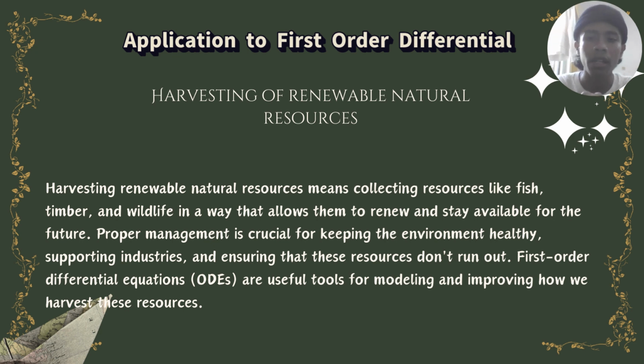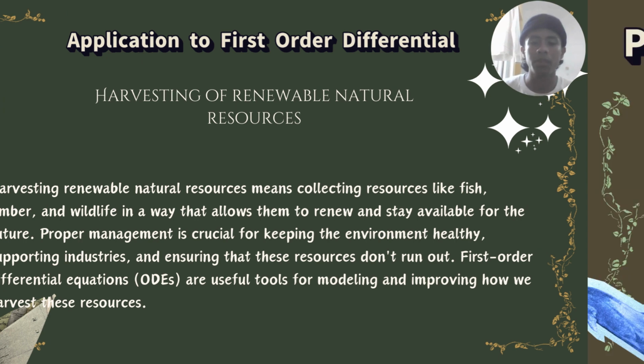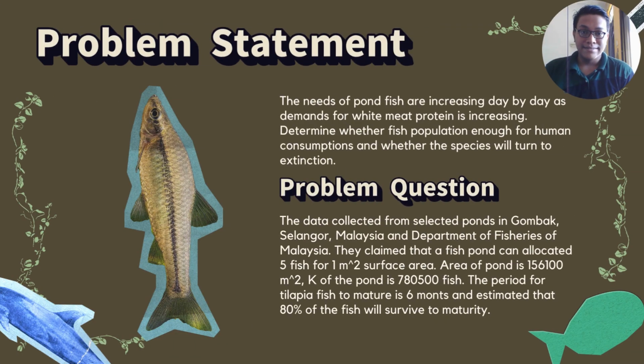Then we move on to the next part, which is the problem statement. The needs of pond fish are increasing day by day as demand for white meat protein is increasing. Determine whether the fish population is enough for human consumption and whether the species will go extinct. For the problem question, the data was collected from selected ponds in Gombak, Selangor, Malaysia and the Department of Fisheries of Malaysia.